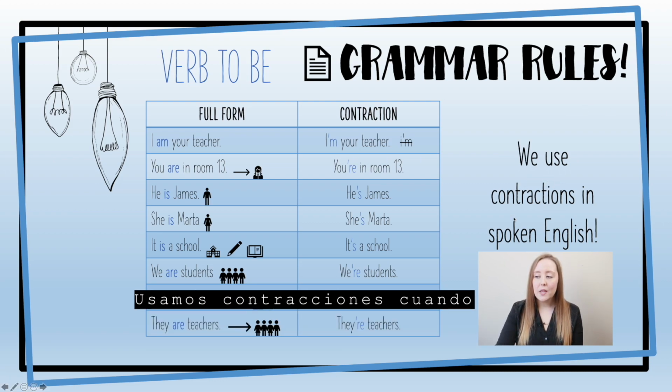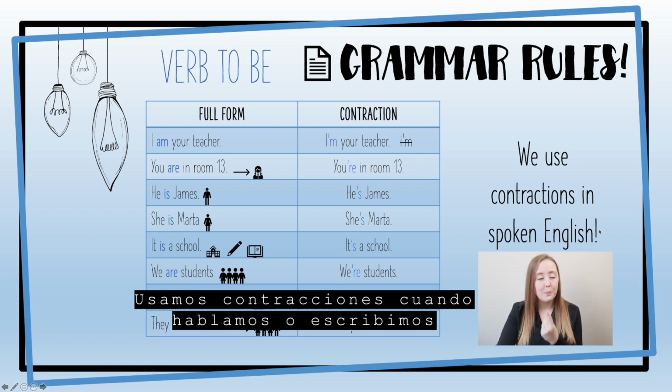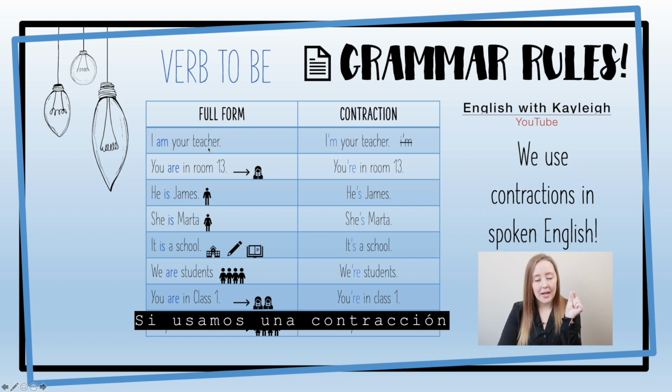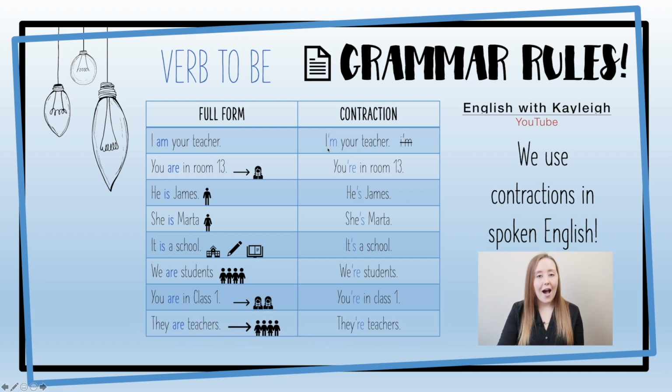So we use contractions in spoken English, so when we speak, and also when we write informally. Look at the sentences. I am your teacher. If we want to use a contraction, we say, I'm your teacher.